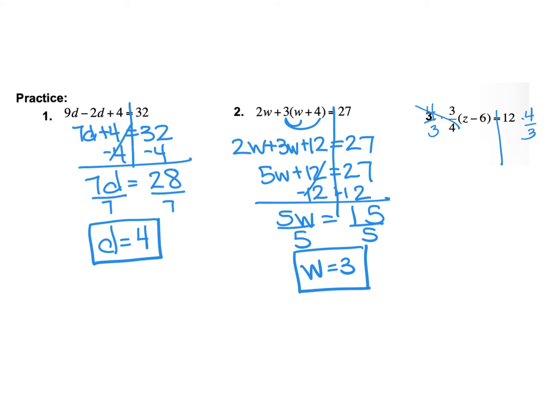That's going to cancel out, and we're going to end up with z minus 6 is equal to 48 divided by 3, again, is 16. I'm going to then add my 6, and it looks like z is equal to 22.